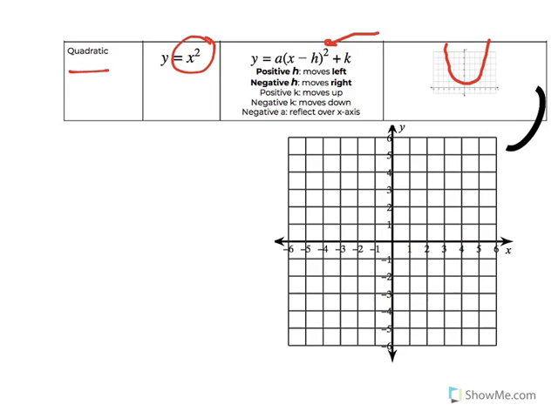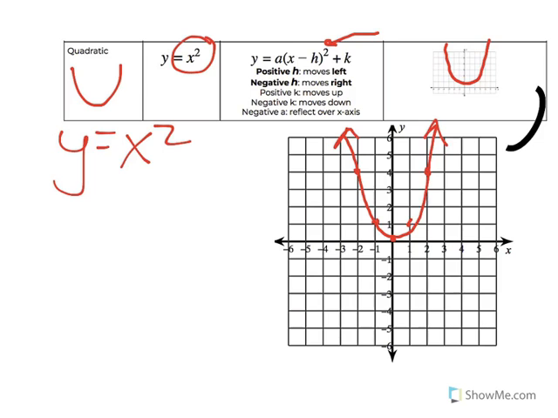That's going to make it a quadratic, and that's where we get the U shape. So quadratic is always going to be a U shape. So your general equation is y equals x squared, and it's going to look like that.